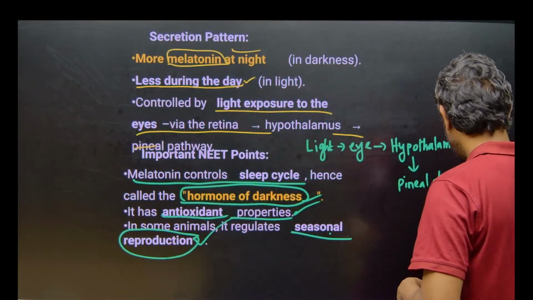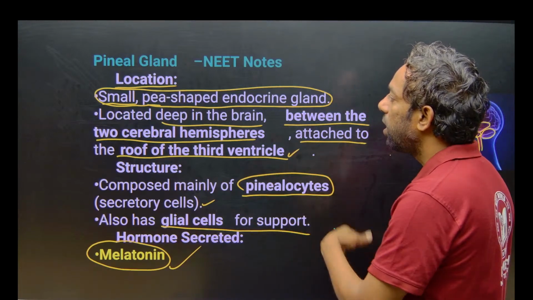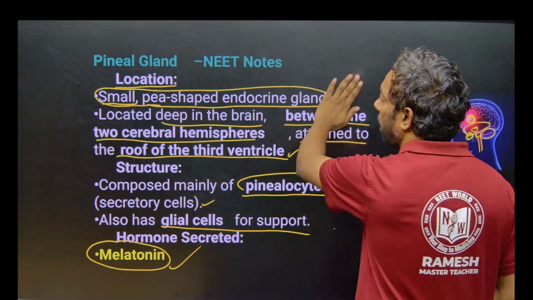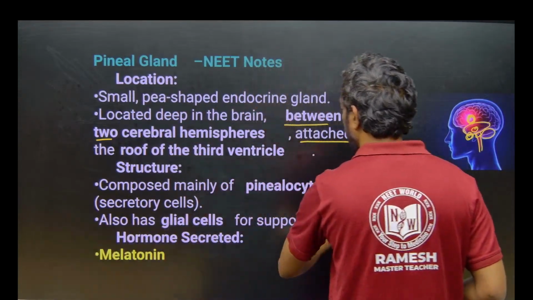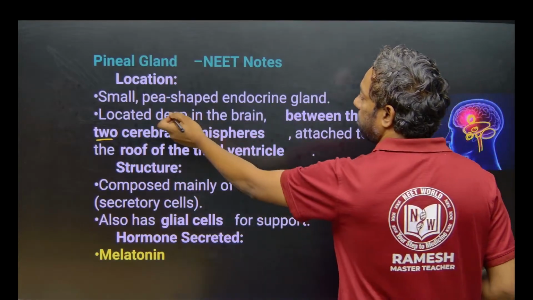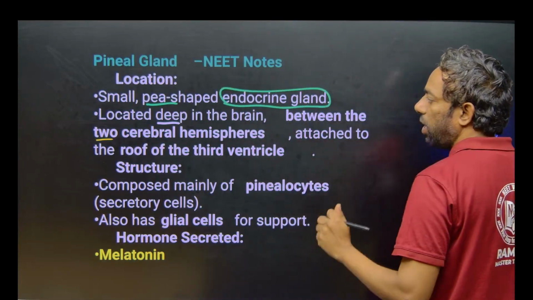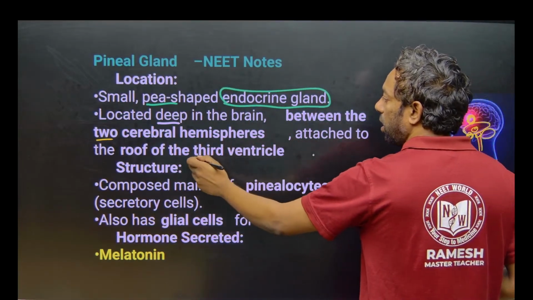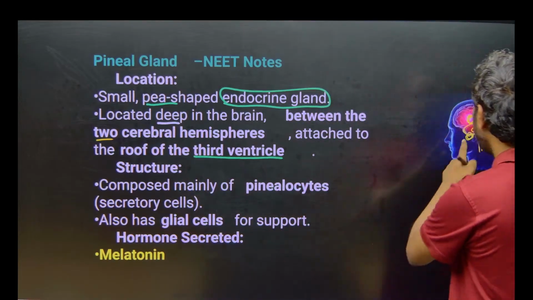Pineal gland. Once again, guys, the pineal gland location. It is an endocrine gland. Keyword: it is a pea-shaped endocrine gland, located at the third ventricle of the brain.